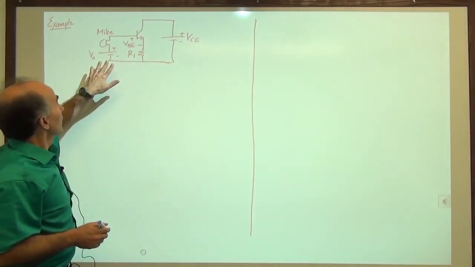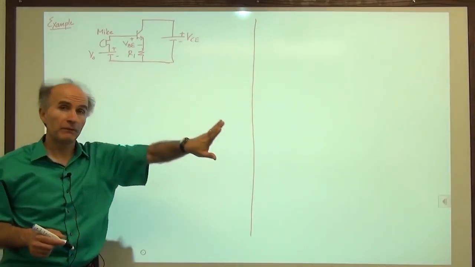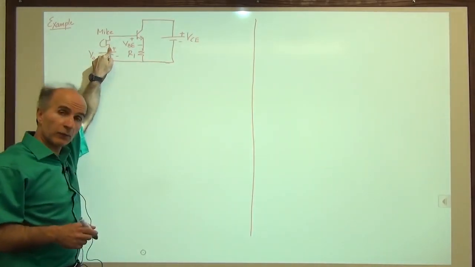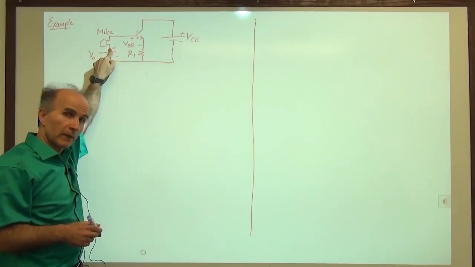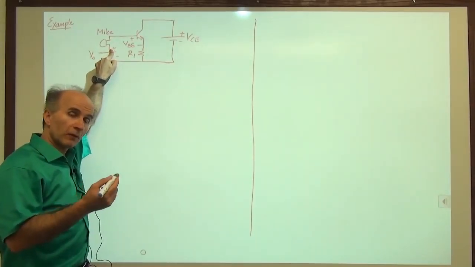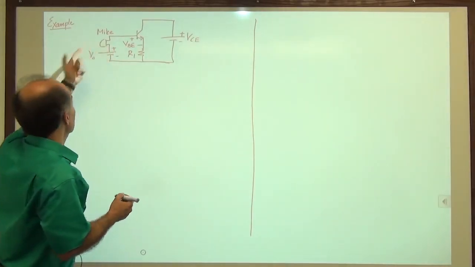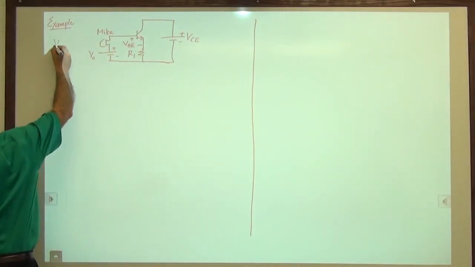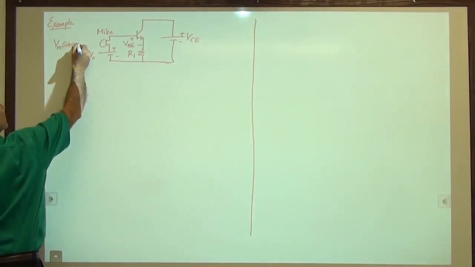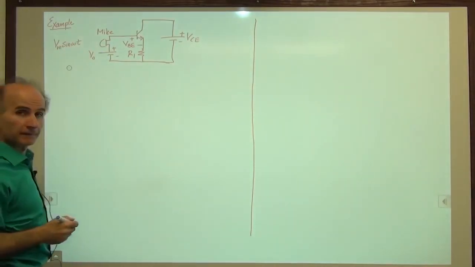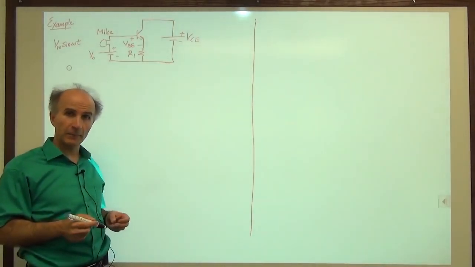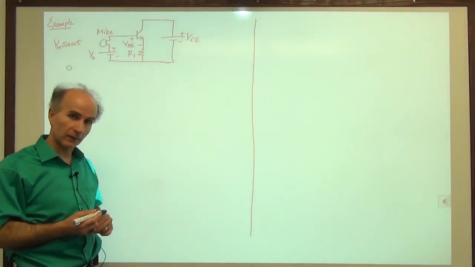Okay, so how can I modify the previous results to reflect the fact that now there is a microphone signal here? Well, let's assume some sort of time shape for the microphone signal. This signal, we will call it Vm sine of omega t, just a simple sinusoid. A microphone actually produces much more complex than that, but let's say it's just a sinusoid.